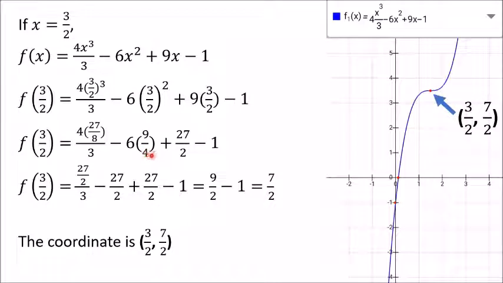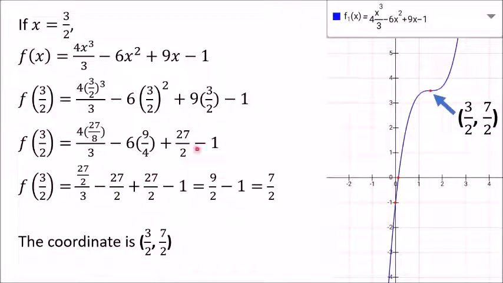So, 2 na lang denominator. Itong 6 magiging 3. 3 times 9, 27 na lang siya. Over 2. Pero pwede man din, kung ayaw nyo mag-cancel, edi sige, multiply 6 times 9, 54 over 4. Reduce to lowest term divided by 2. Kaya 27 over 2 pa rin ang kanyang result.